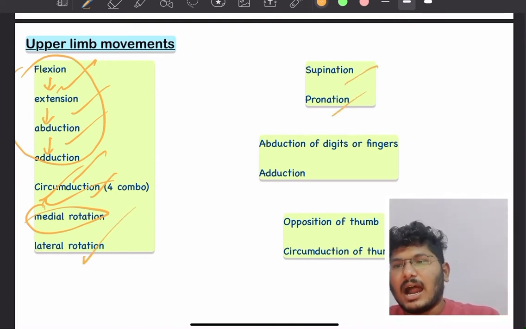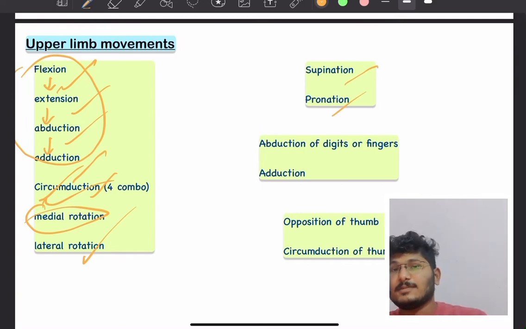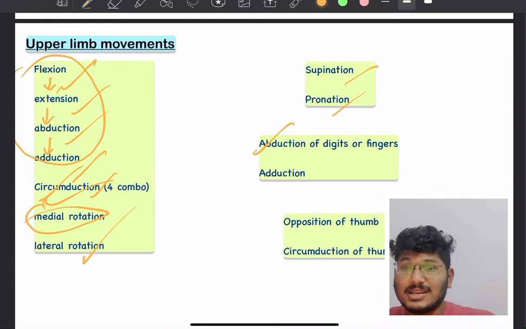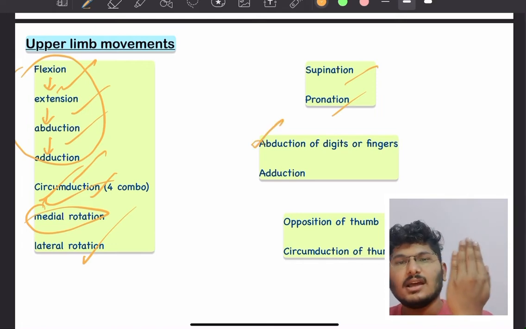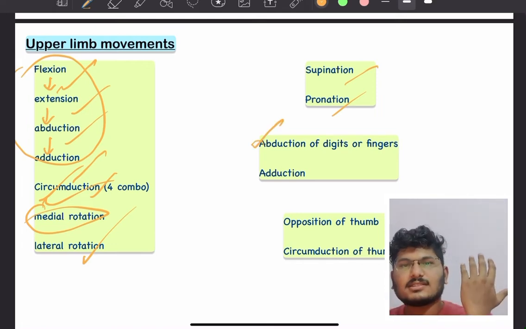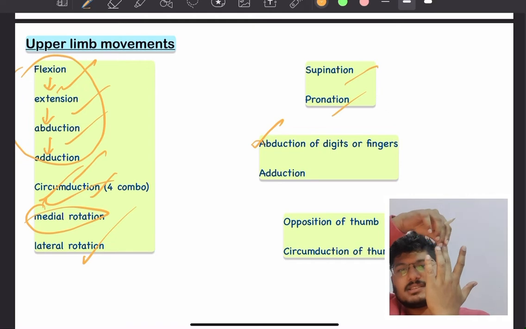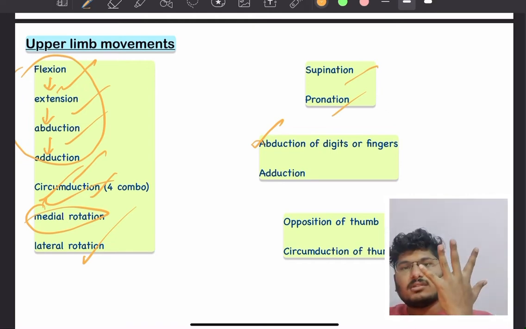Next, abduction of digits or fingers. Similarly, as we discussed in other parts of the upper limb, even the fingers, if the fingers are coming close together towards the central axis, this action is called adduction of fingers.